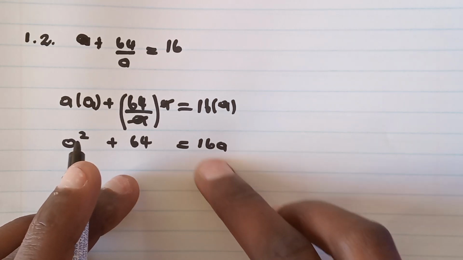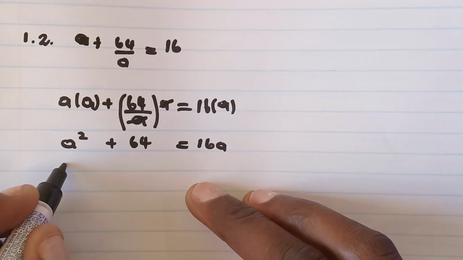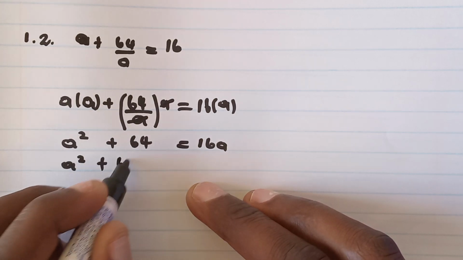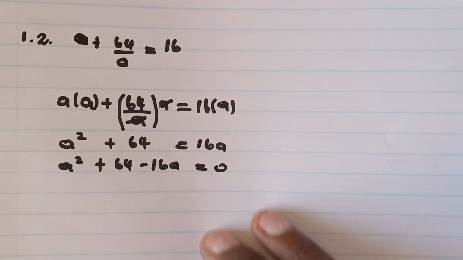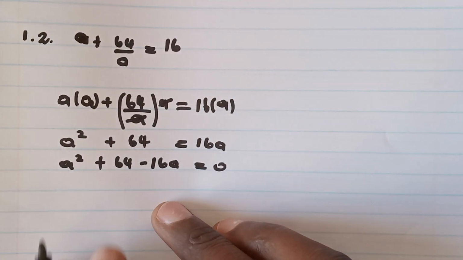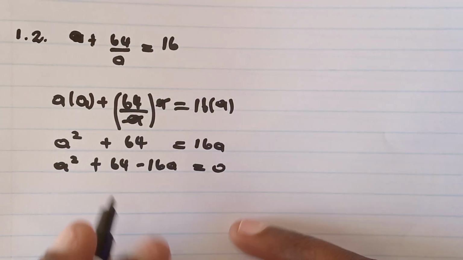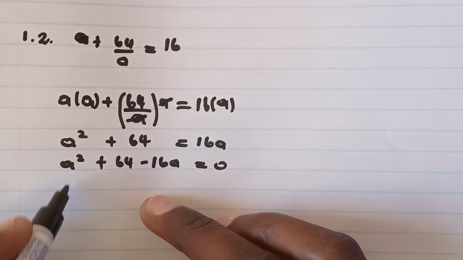Let's transpose this one to the other side. We get a squared plus 64 minus 16a is equal to 0. And this one, I think, looks familiar to the ones we were doing in the previous video, the one with x. So now let's rearrange this.